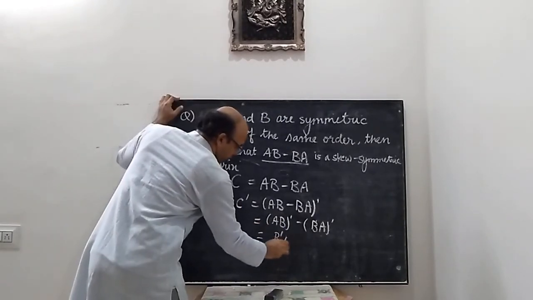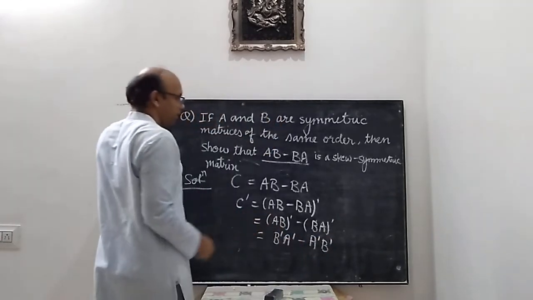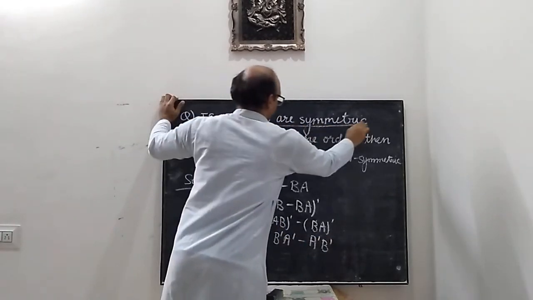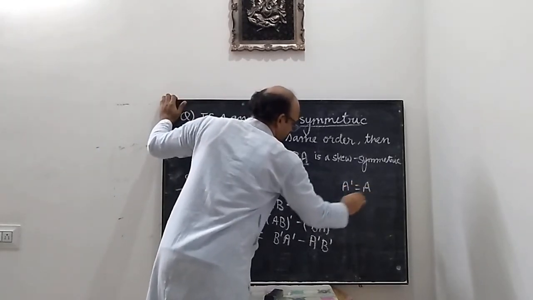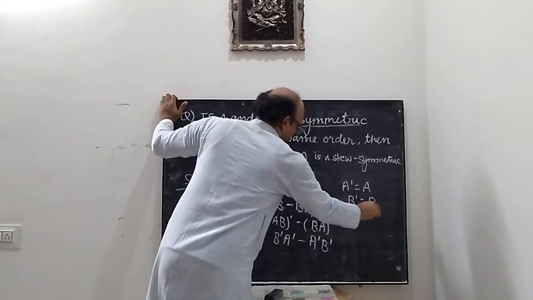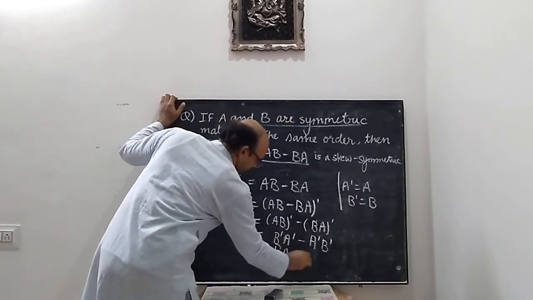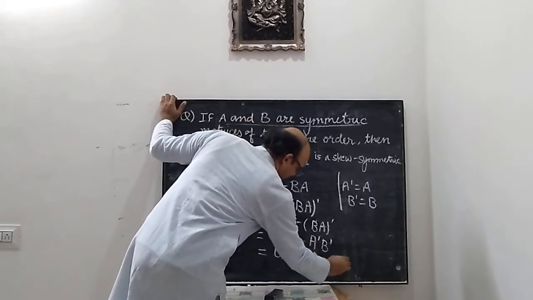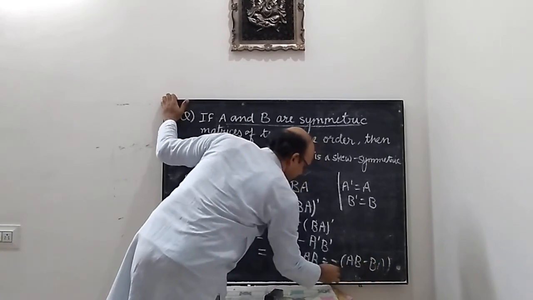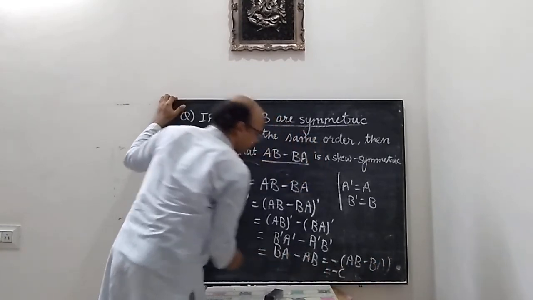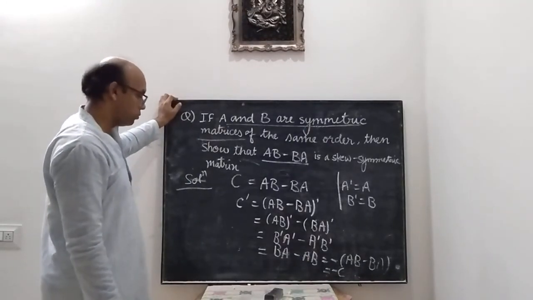This is B transpose into A transpose minus A transpose into B transpose. Now A and B are symmetric matrices, which means A transpose is A and B transpose is B. So you get BA minus AB, and this is the negative of AB minus BA, equal to minus C, which simply means that C is a skew symmetric matrix.